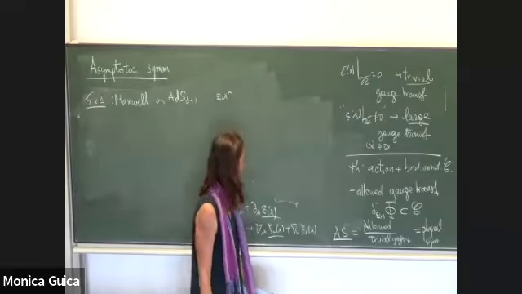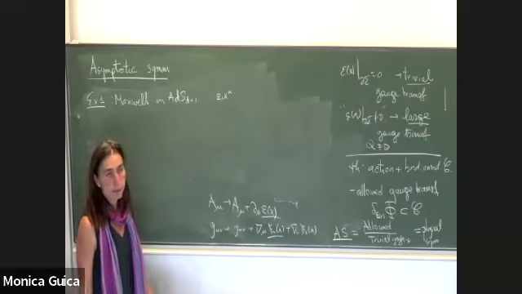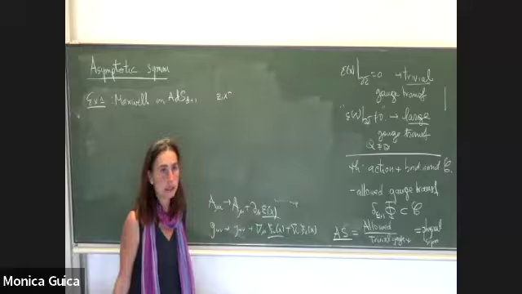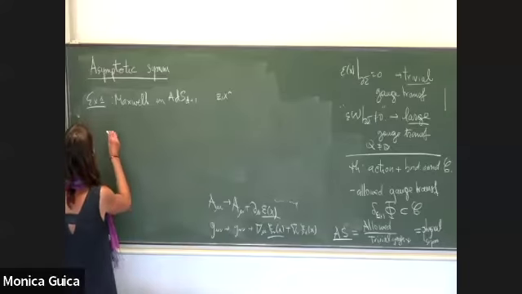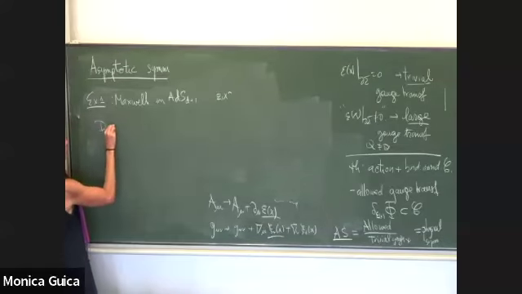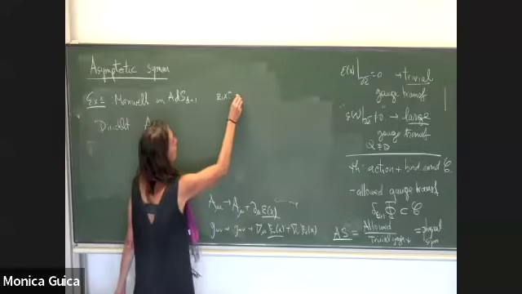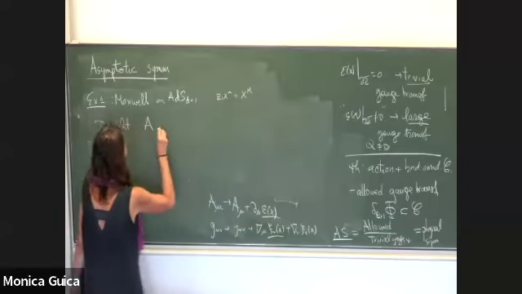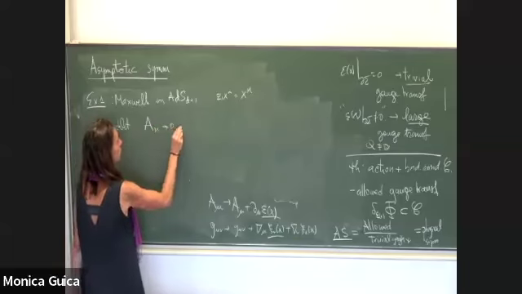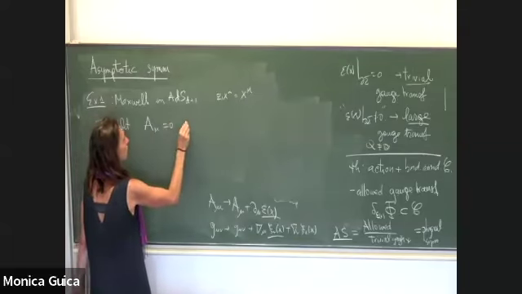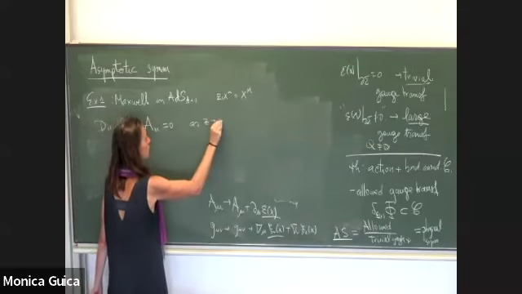And as I was saying, I need to have some boundary conditions. My theory is defined with some boundary conditions, and I'm going to take them to be Dirichlet. So A_mu goes to 0 as z goes to 0.